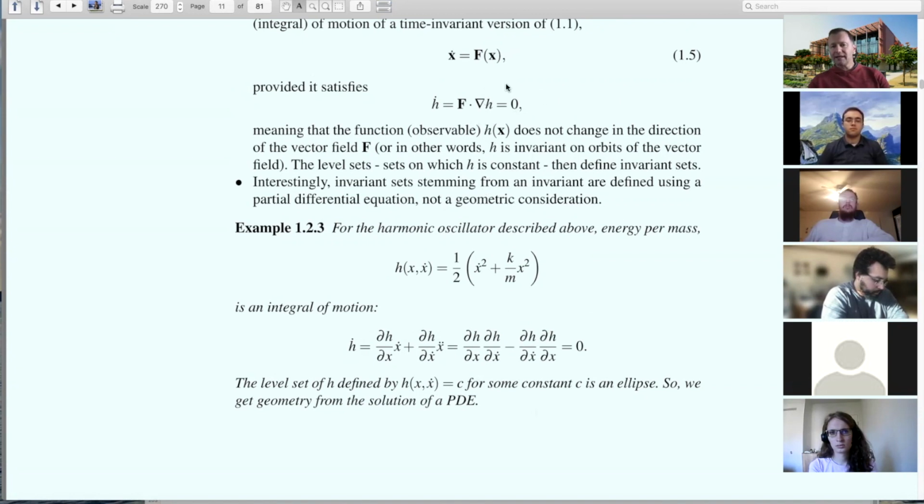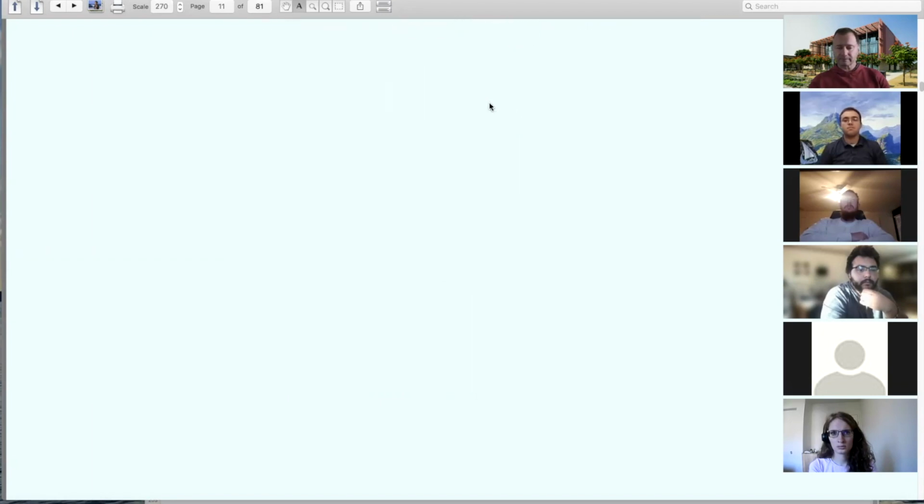And then if we find something like h, an invariant, or other types of functions that solve these kinds of equations, you will see a lot of physical meaning stemming from those. That's kind of conceptually where we're going to go.